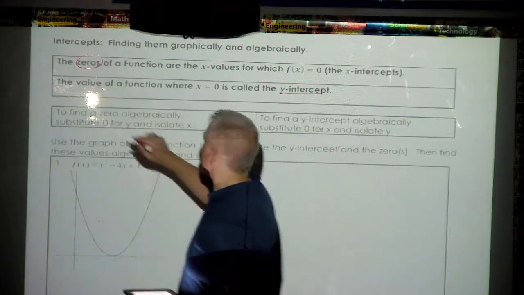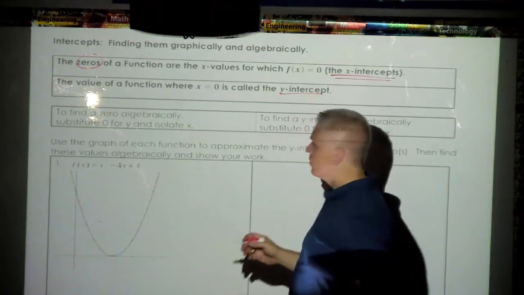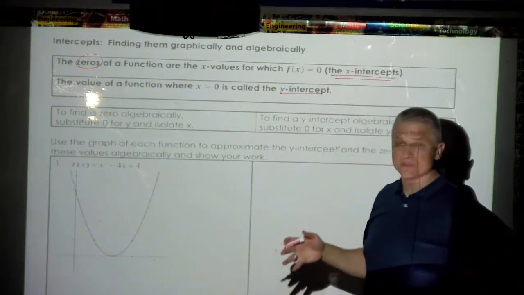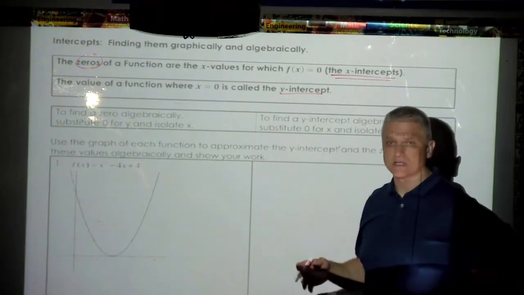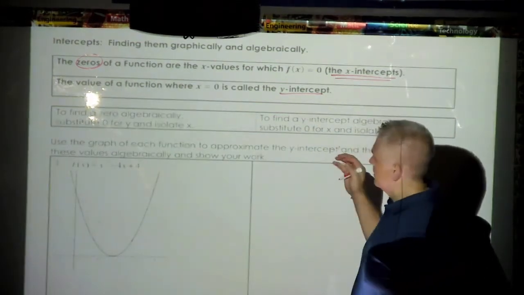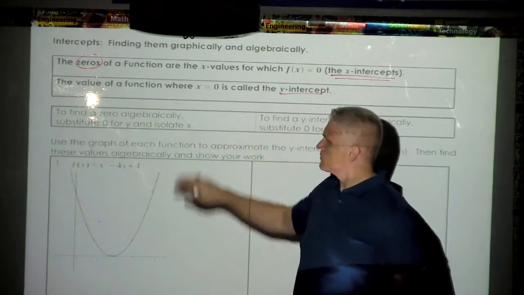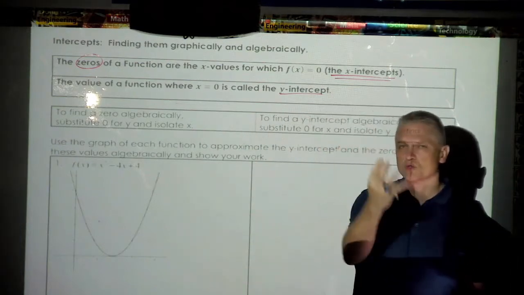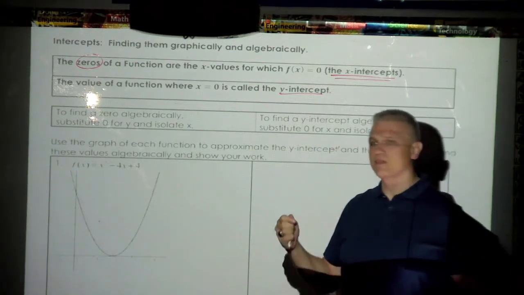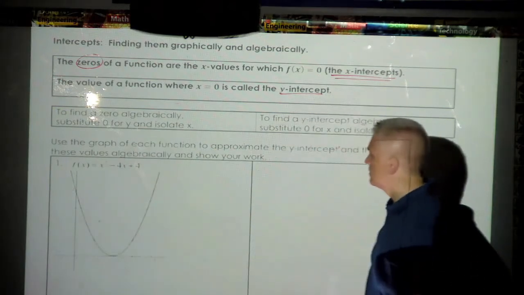The zeros of the function are X-intercepts, where the graph touches the X-axis. We call them zeros. So, this is how you find them algebraically. If I want to find the X-intercept, substitute 0 for Y. If I want to find the Y-intercept, substitute 0 for X.